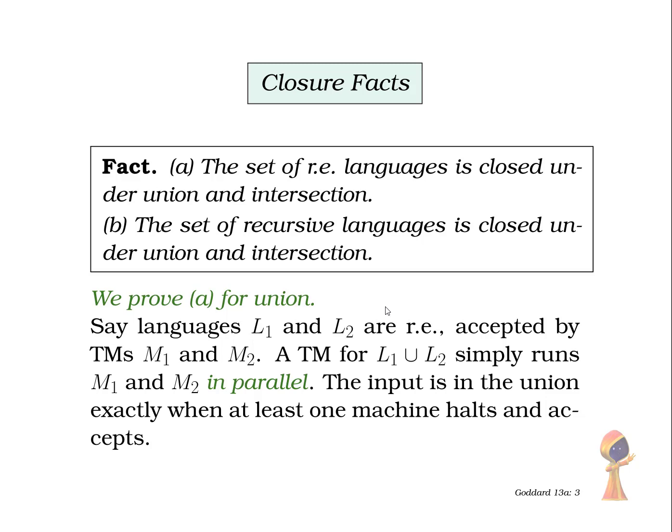So that means this joint Turing machine, which is a union of the two Turing machines, accepts the union. In other words, this is how we proved that RE languages are closed under union.